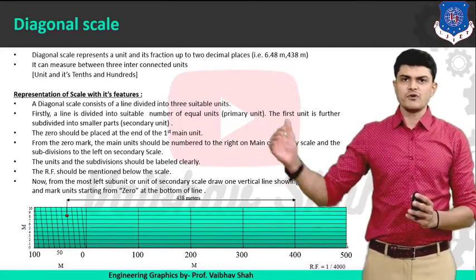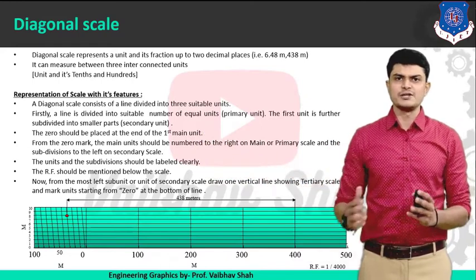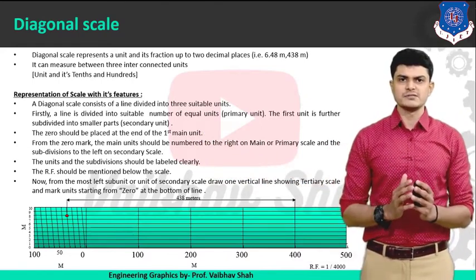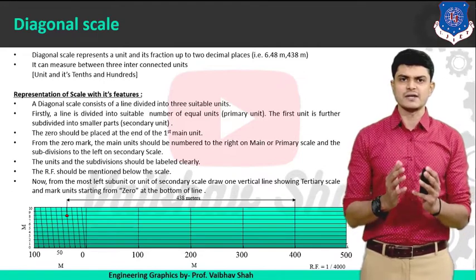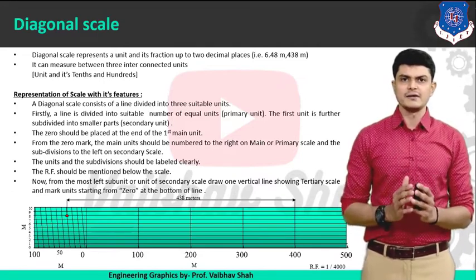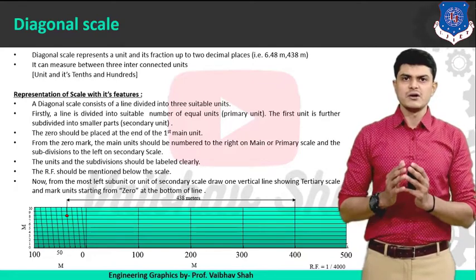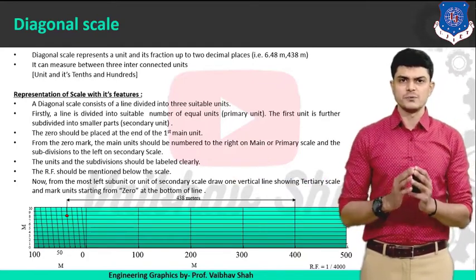After that, from your 0 towards the left hand side, you should divide that portion into some equal number of subdivisions. Let's say here in our case, I have divided my diagonal scale into 10 subdivisions on the left hand side of your 0.